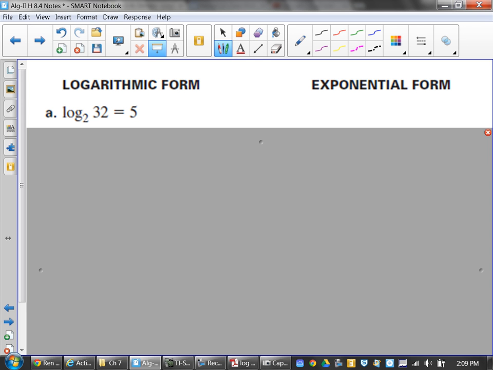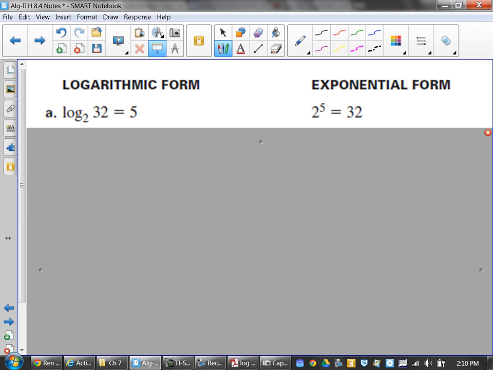So if the first one is log base 2 of 32 is 5, that's saying 2 to what power? 2 to the 5th power is 32. Remember your equivalencies here. Log base b of y is x. b to the x is y.